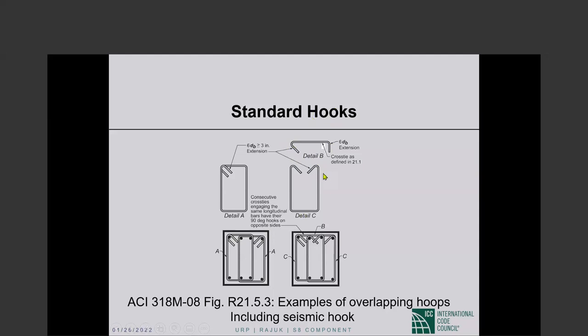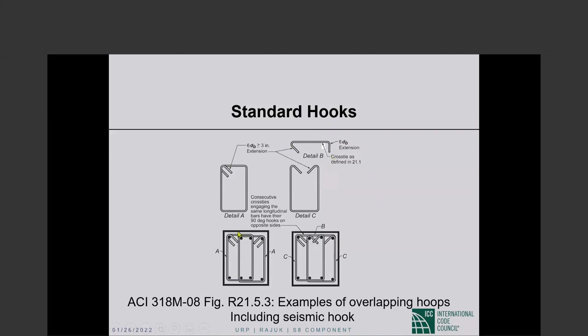So every other one, the 90-degree hook will be on the right face. Every other one, the 90-degree hook will be on the left face. Okay. So this is a two-piece hook, which is how typically things are done.